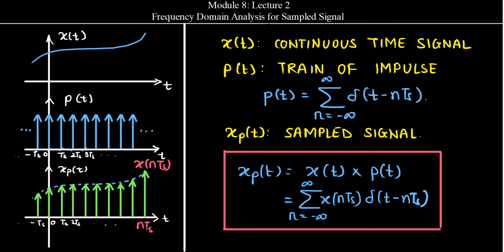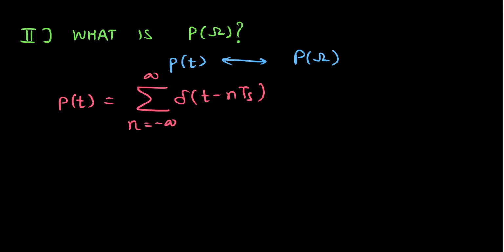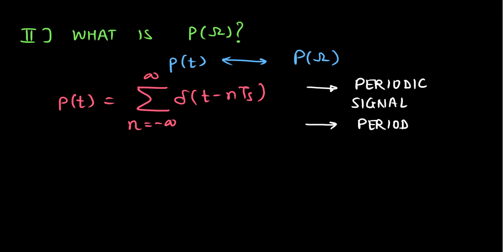So this P of t is a periodic signal and the period of this signal is Ts, that is the sampling duration. So this train of impulse is periodic with a period equal to the sampling duration, that is Ts.